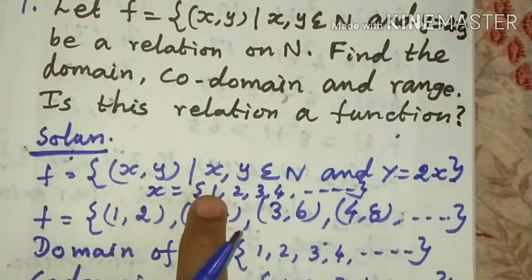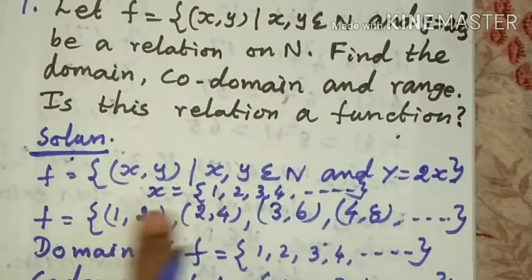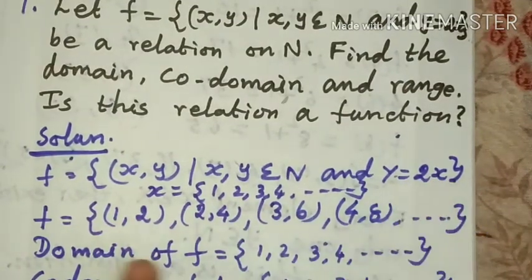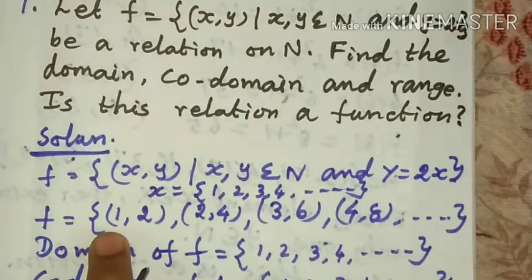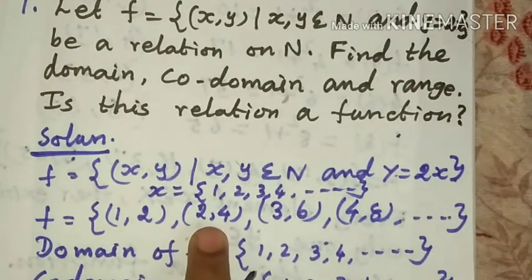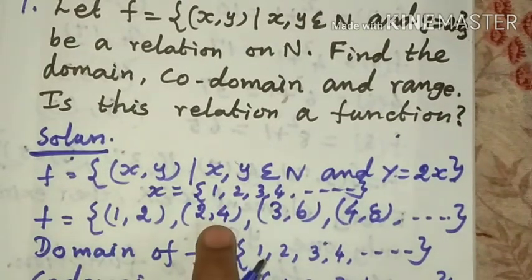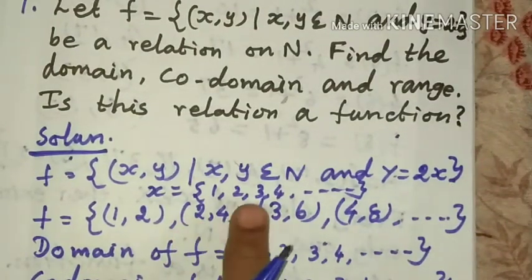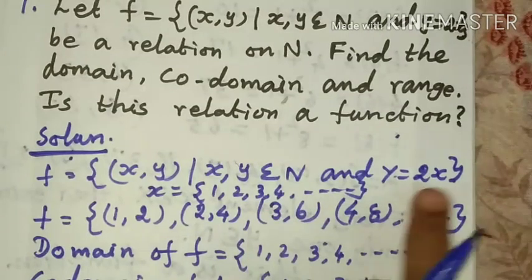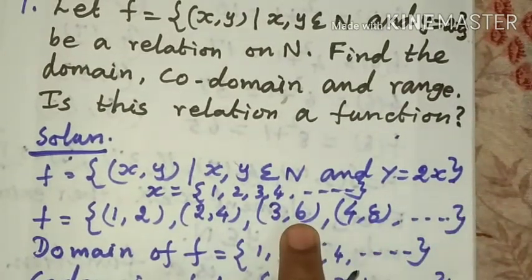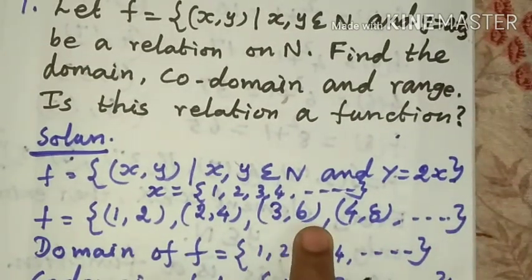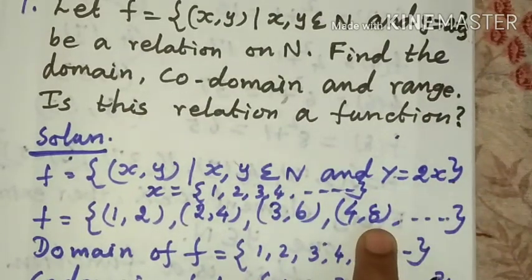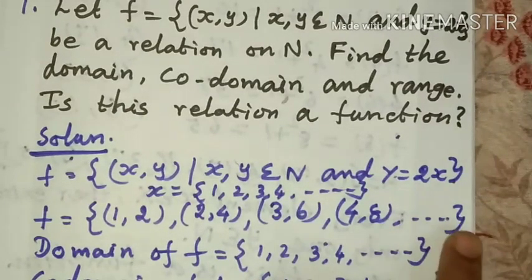From the first element 1, y equal to 2 into 1, we get 2. Therefore, the ordered pair 1 comma 2. The next element 2: 2 into 2 is 4, therefore the ordered pair 2 comma 4. Next element 3, then 2 into 3 is 6, the ordered pair 3 comma 6. 4 into 2 is 8, the ordered pair 4 comma 8, and so on.